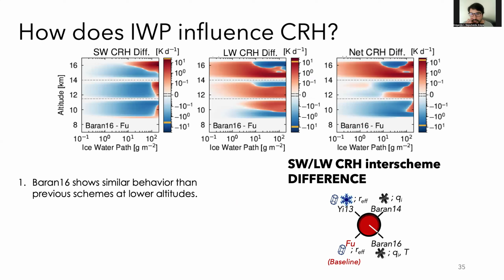context. And when we study the Baran 16 scheme, when we include the temperature, again, now we can see some enhancement of shortwave heating at the cloud top, specifically at higher altitude, and some interesting region again.